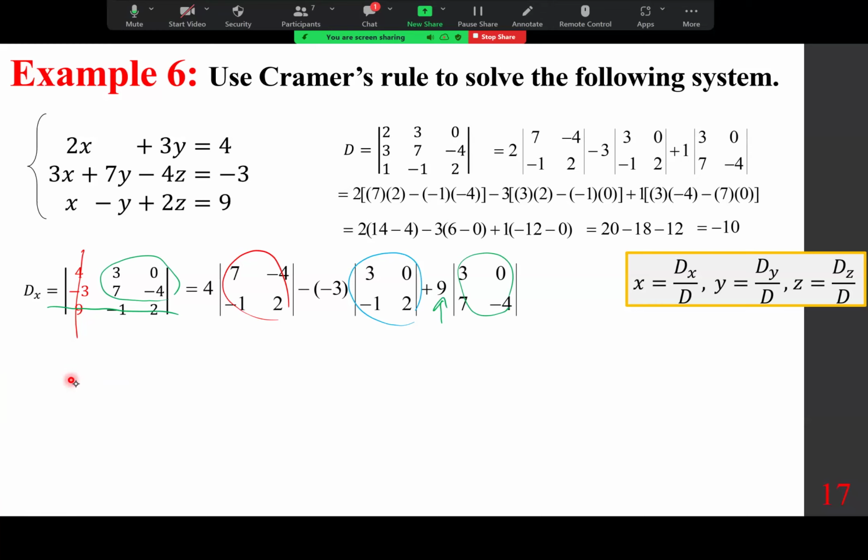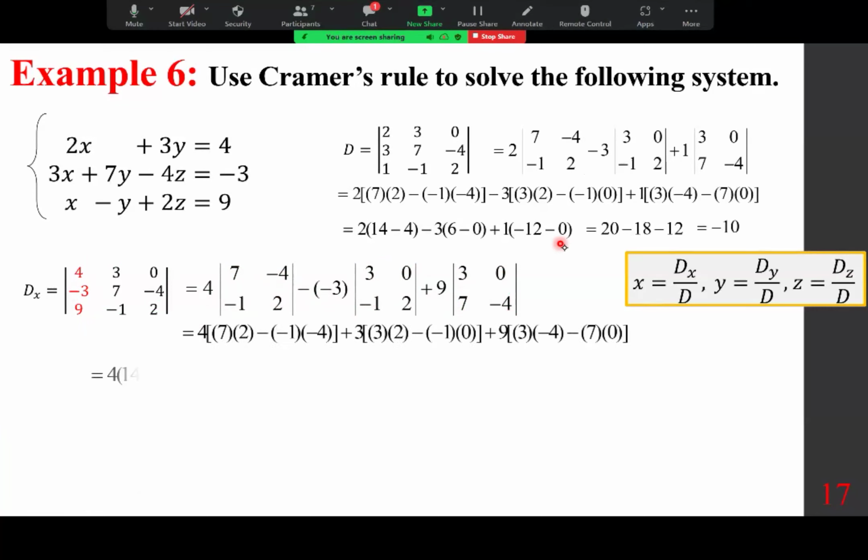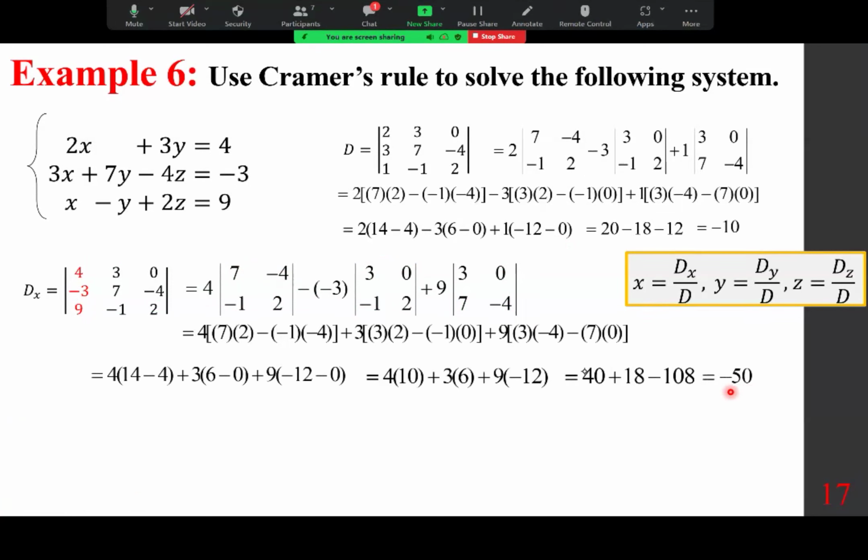I'm not going to waste time on that too much. Let me just do the erasing. So 7 times 2 minus negative 1 times negative 4. We have a 4 in front. Minus 3 plus 3. 3 times 2, this gives you 0. Plus 9 times 3 times negative 4, this gives you 0. And so you work it out. You end up with too many steps here. You should be able to get to the answer from here to here pretty fast, everybody.